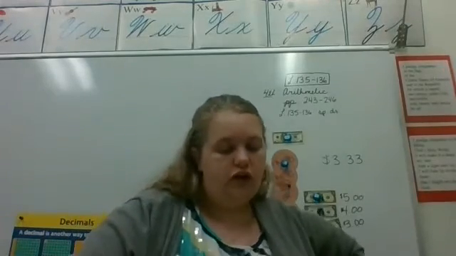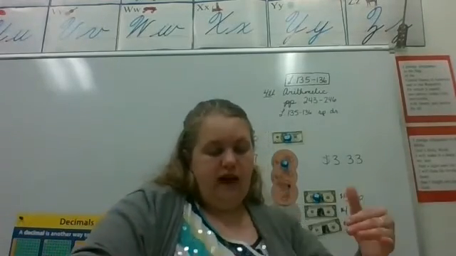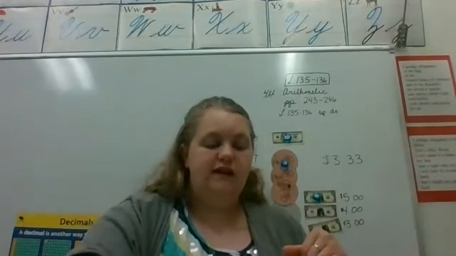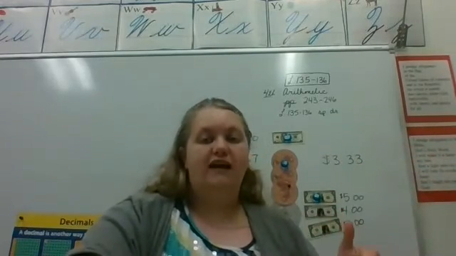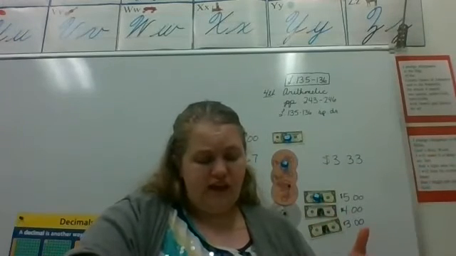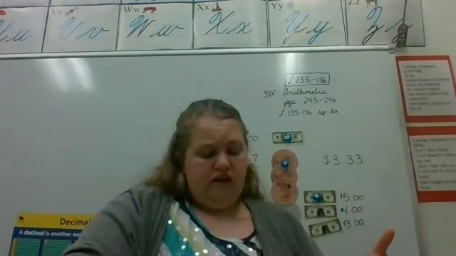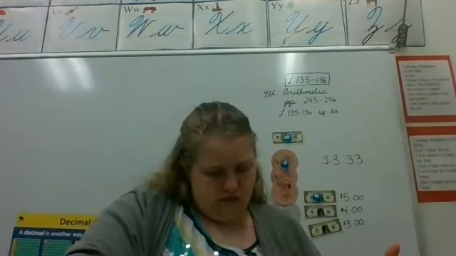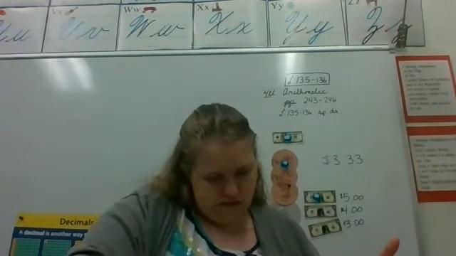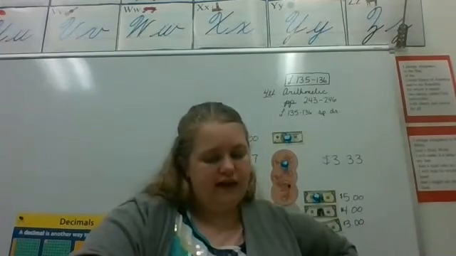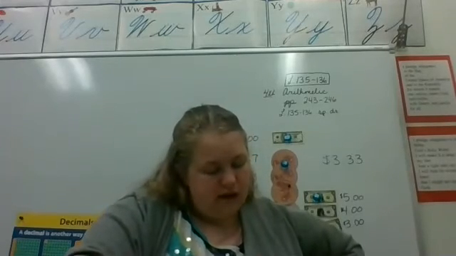What you're gonna do in this first section is you're just checking. You're gonna circle the letter at the beginning of it, A, B, C, or D. You're gonna circle the ones that the change is counted back in the best way.